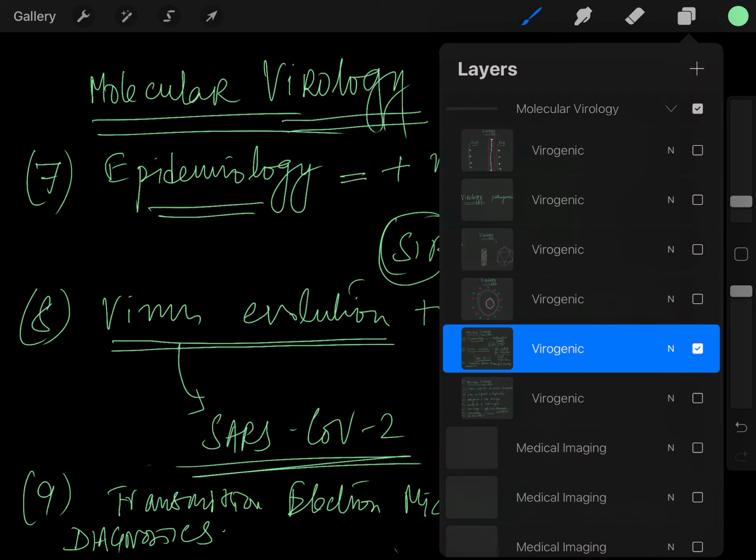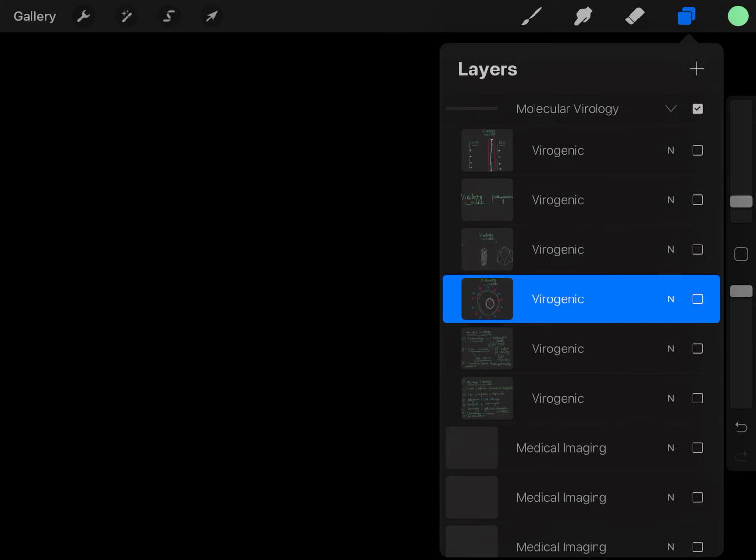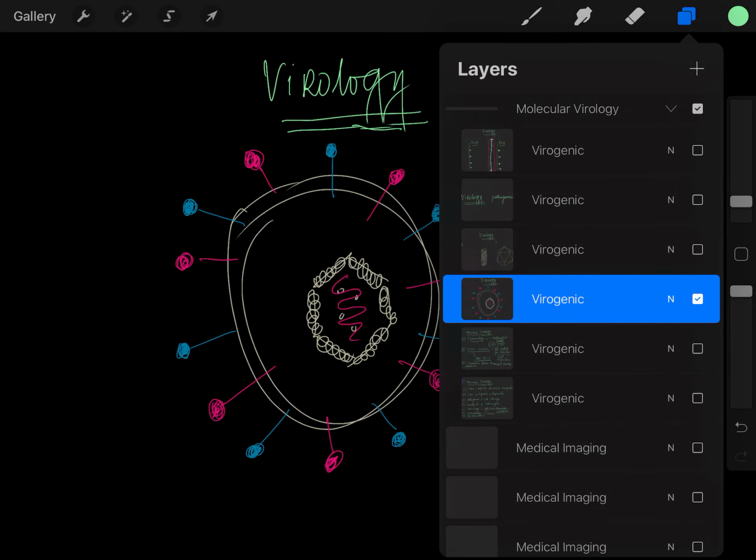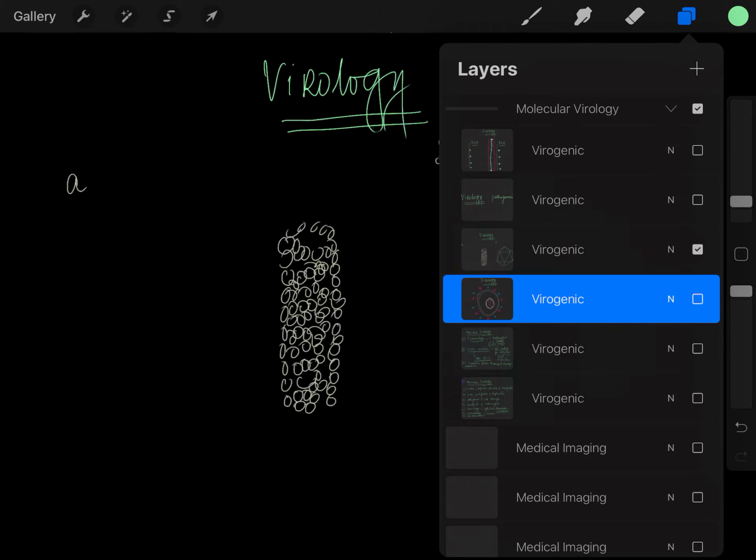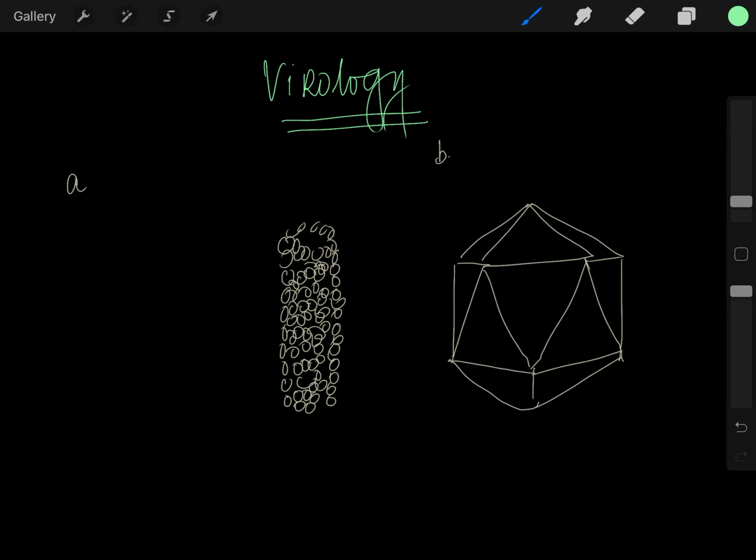So I'm thinking four or five lectures to get a high-level understanding, and I have already prepared a bunch of slides for the next chapter, which is what viruses are, their structure and classification.